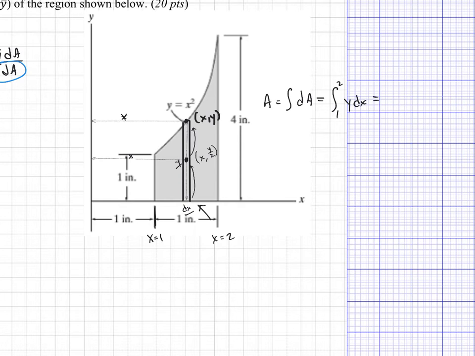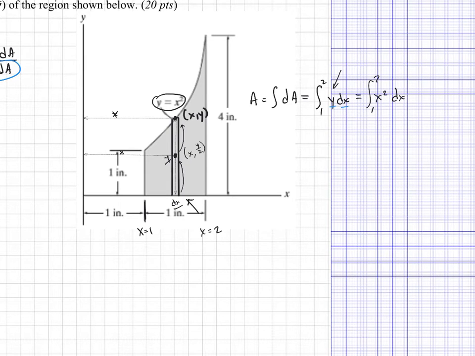The big problem I have right now is y and dx, so I'm going to turn that y into an x by using this formula right here. So I get the integral of x squared dx from 2 to 1, and I'm going to start working down, which is what I should have been doing from the beginning.